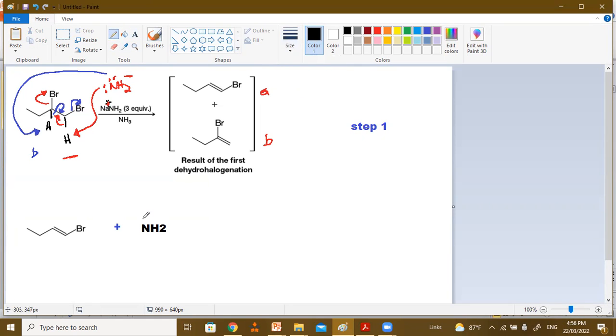The amide with electrons, plus of course there's a negative charge there. So imagine you have your hydrogen here, and your hydrogen here, and your hydrogen here.